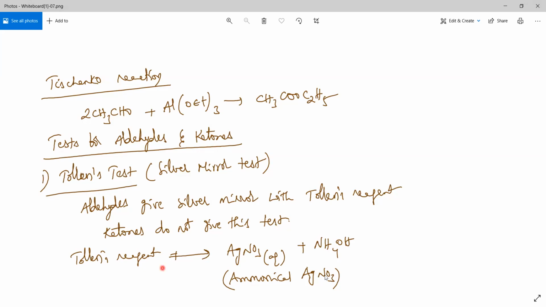What is Tollens' reagent? Ammoniacal silver nitrate solution, meaning silver nitrate dissolved in ammonium hydroxide. Done.